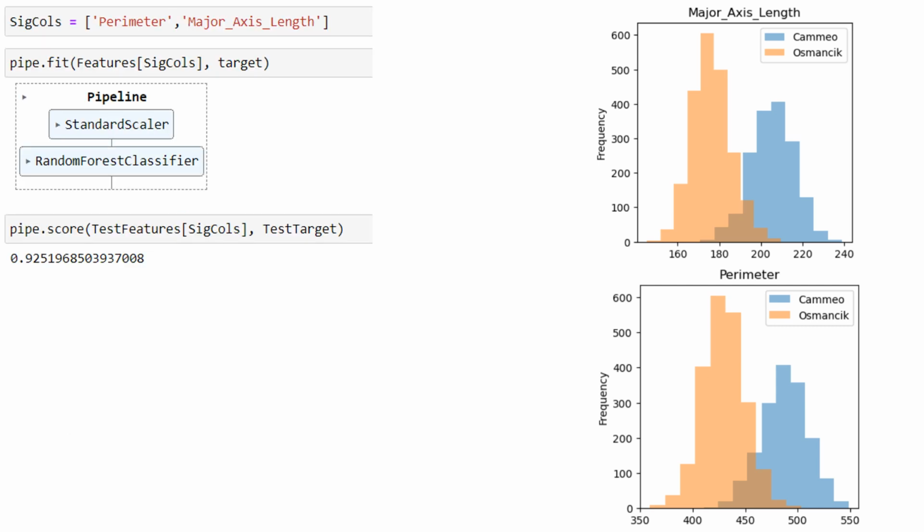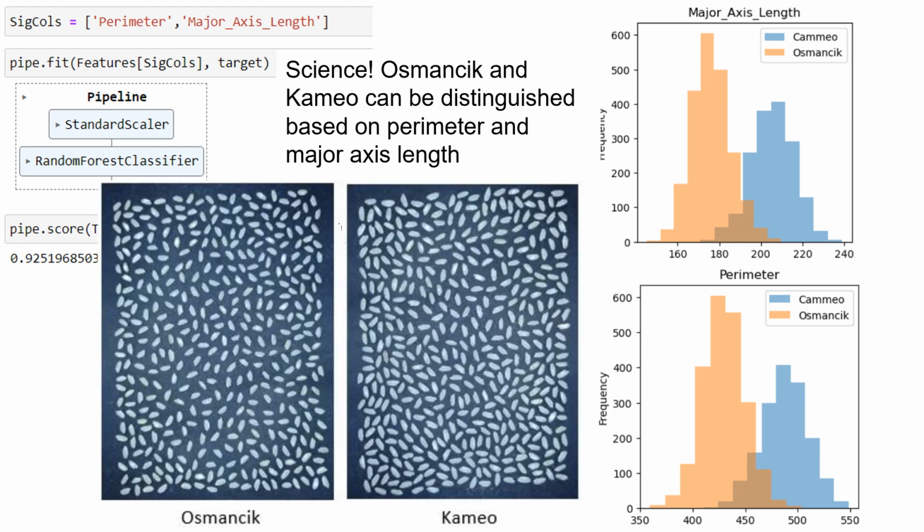Now we can actually restrict our data to these significant columns, and notice that we get a pretty good score using only these two features. In other words, we've done some science. We've shown that these two different types of rice can be distinguished based on perimeter and their major axis length.